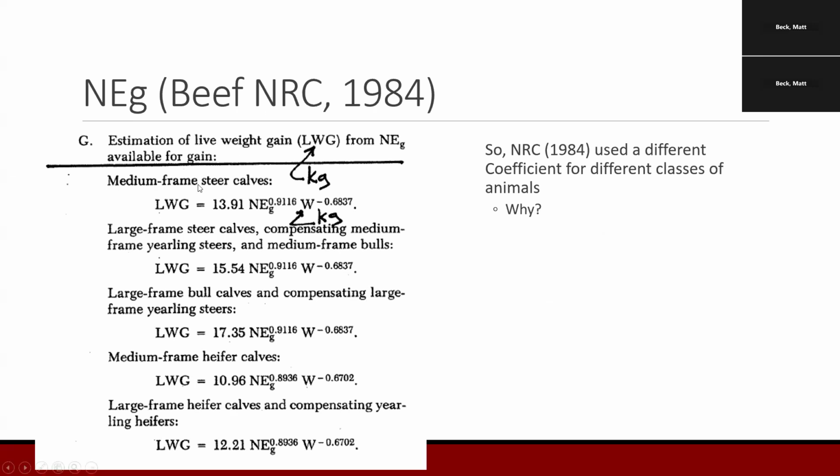What you guys would have seen in feeds was a table, and you literally looked up NEG requirements for a given body weight and a given rate of gain. You remember doing that? Well, those numbers in that table are actually based off equations, and we're going to use the equations in this class. So, why do we need to account for differences in frame size of an animal?